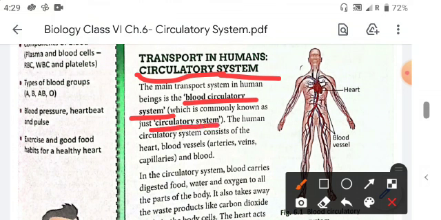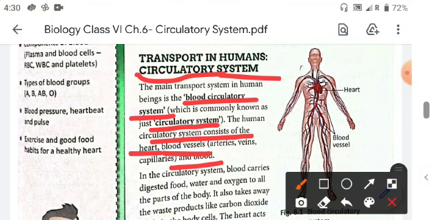The human circulatory system consists of heart, blood vessels and blood. So which things are in the human circulatory system? That is blood vessels, then blood and heart.